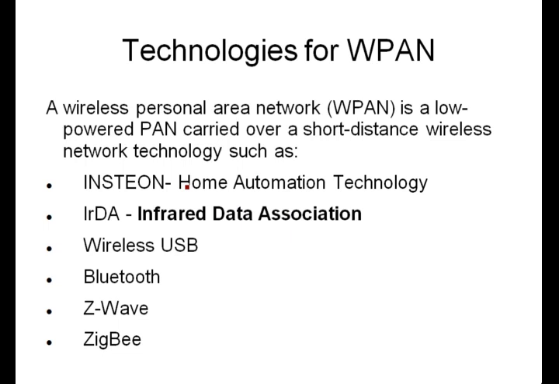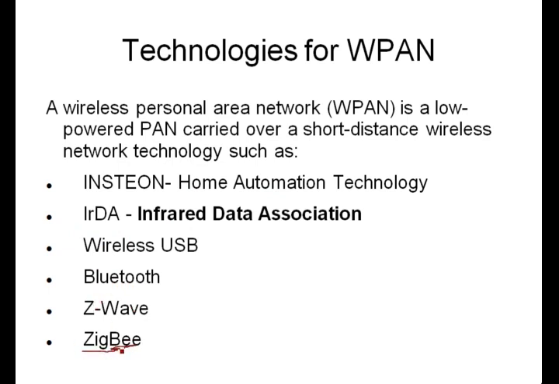Now WPAN is very important. A wireless personal area network is a low powered PAN carried over a short distance wireless network. These are some technologies which are based on WPAN: Insteon, which is a home automation technology, IrDA (Infrared Data Association), wireless USB, Bluetooth, Z-Wave and ZigBee.